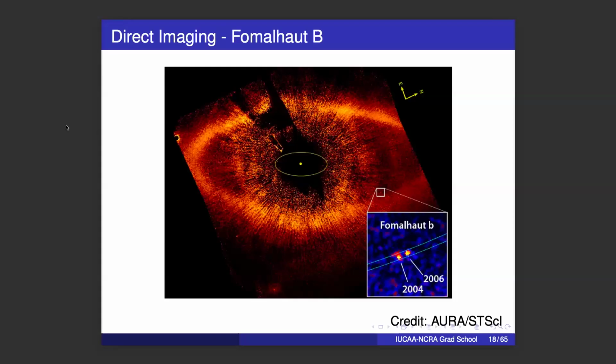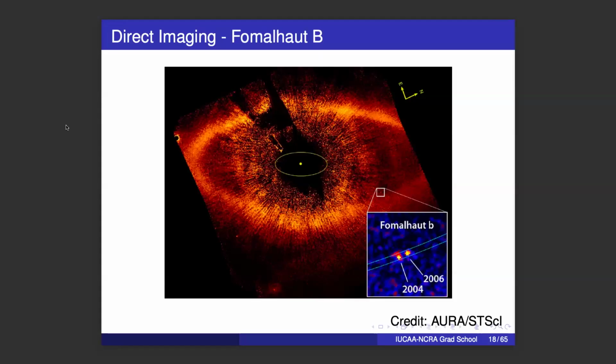And this kind of instrument is known as a coronagraph. It was originally designed for studying the solar corona. That's why coronagraph. To study the solar corona, you have to block out the light of the sun so that you can see the corona. So similarly, here they blocked out the light of the star. It's a very bright star. Fomalhaut is one of the brightest stars in the sky.